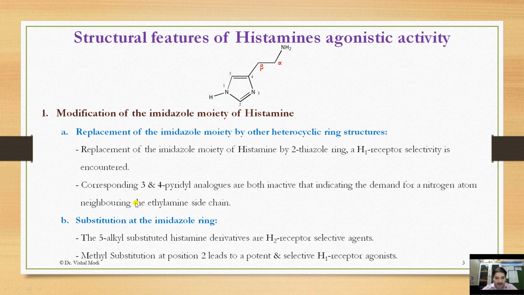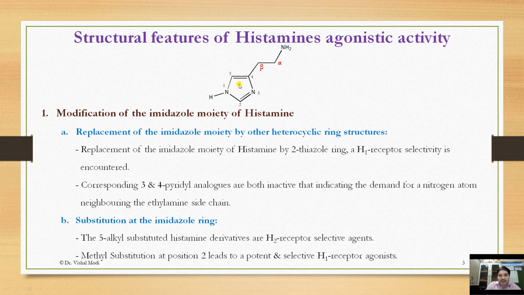Next one is substitution at the imidazole ring. The 5-alkyl substituted histamine derivatives are H2 receptor selective agents. You will see in my next lecture on H2 antagonists that cimetidine, famotidine and ranitidine have a 5-alkyl substitution in the imidazole ring system.